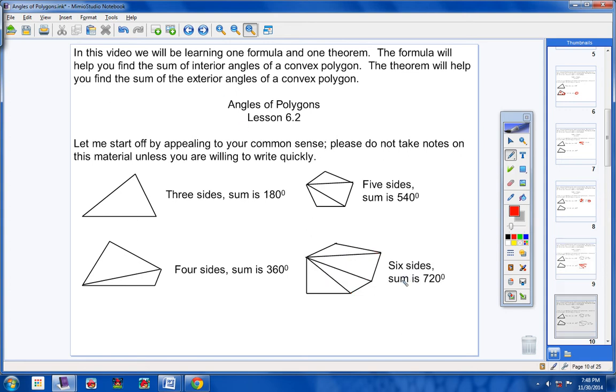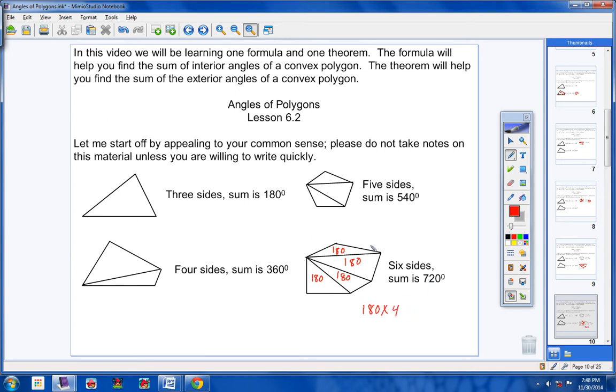So I have 6 sides, and the sum of all the interior angles would be 720, because I have a triangle here, all of these angles are 180. I have a triangle here, all of these angles add up to 180. I have a triangle here, all of these interior angles add up to 180. I have a triangle here, all of these angles add up to 180. So 180 times 4 is 720.